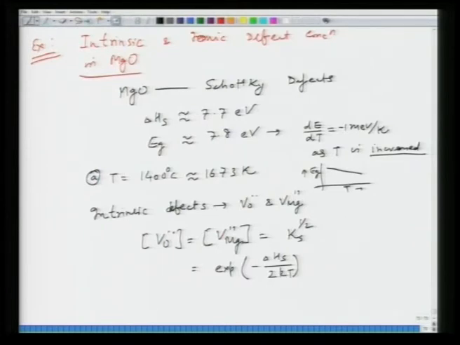If you put in the value of delta Hs at this temperature, this comes out to about 2.5 multiplied by 10 to the power minus 12 mole fraction. Okay.